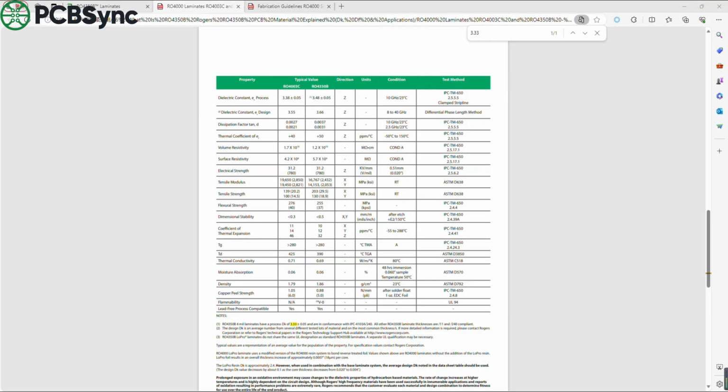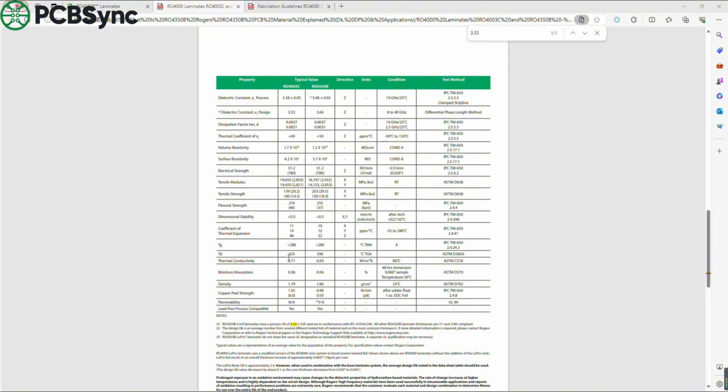But the final insertion loss is not determined by DF alone. It is also affected by copper foil roughness, copper thickness, trace width, surface treatment, connectors, and manufacturing tolerances. So, in high-frequency design, you can't just compare a single DF value. You also need to consider the complete stack-up and the actual structure.